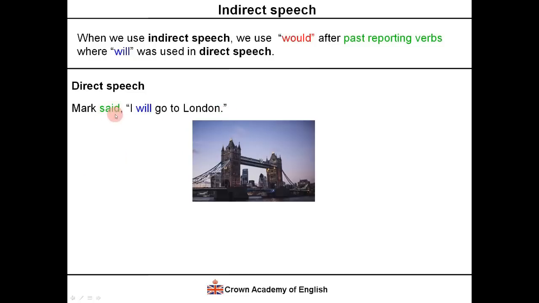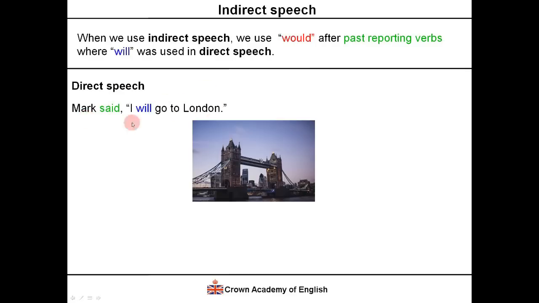So we're reporting directly. This is the exact words that Mark said. So that is the definition of direct speech. We are quoting the exact words and we put them in quotation marks. Mark said, and this is a past reporting verb, "I will go to London."